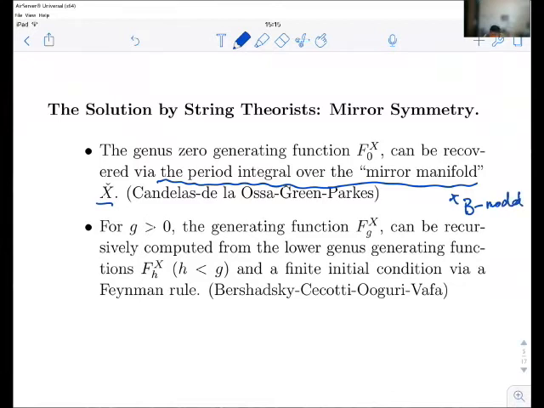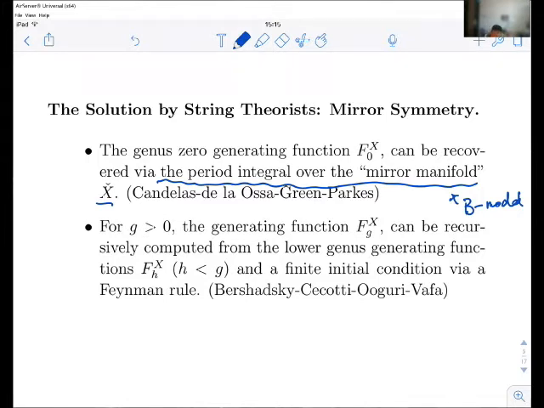We will introduce some details later. So roughly speaking, you can convert the computation of F0, which is a very hard problem, to a very simple problem, which is just a period integral over this mirror manifold X check.